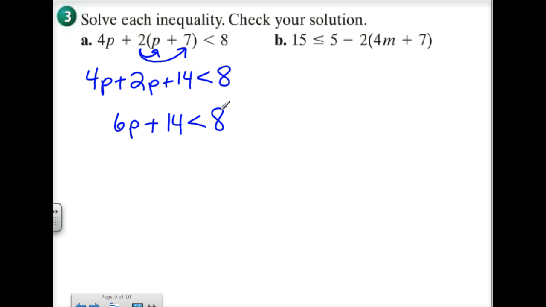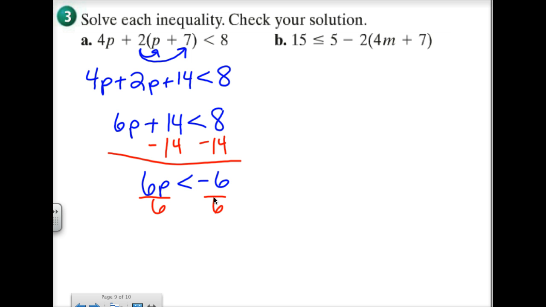And I'm down to my two-step inequality. That means that I'm going to start by subtracting 14. So 6p is less than negative 6. Divide each side by 6. Because I'm not dividing both sides by a negative, I do not flip the sign. So p is less than negative 1.